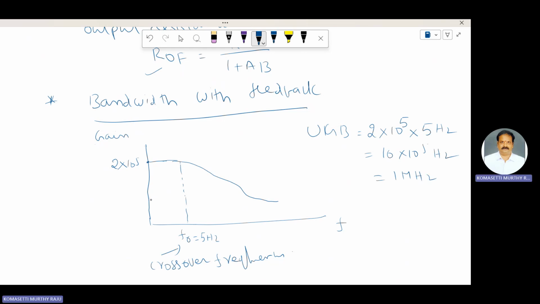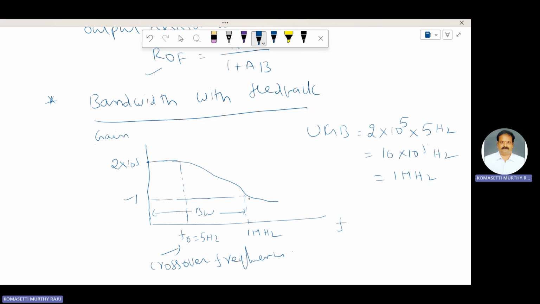At 1 megahertz frequency, the gain of the op-amp is unity. The bandwidth is approximately equal to 1 megahertz when gain is 1.